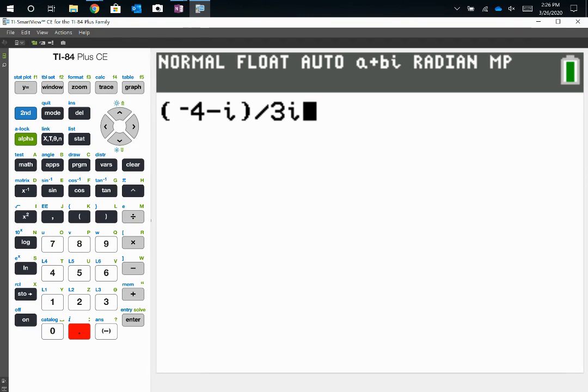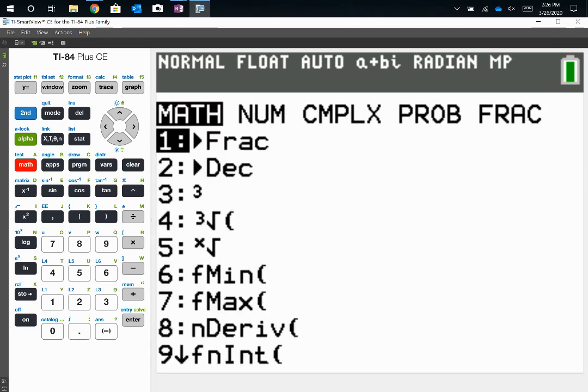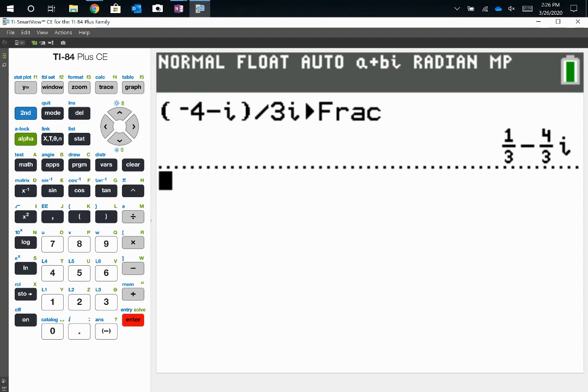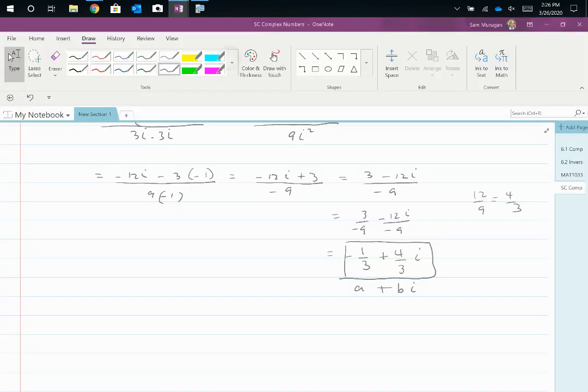You want this answer in the fraction form. So press the math button, number 1, and you get the fraction form of the answer, which is the answer that we have, negative 1 over 3 plus 4 over 3i.